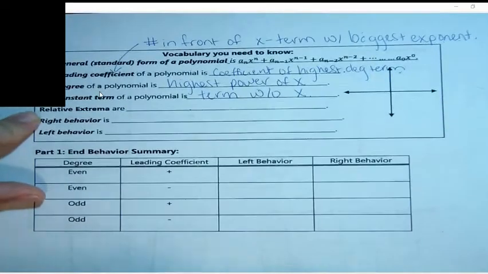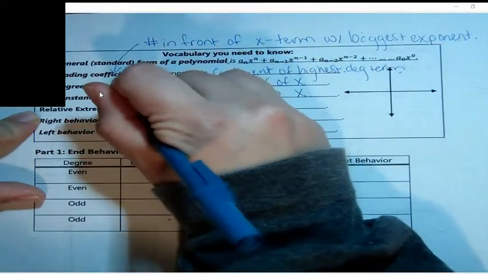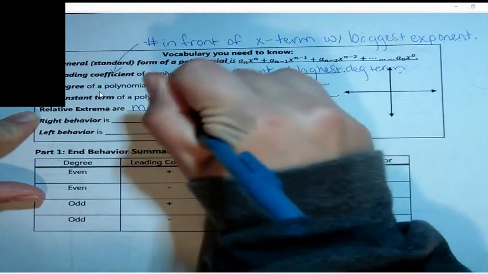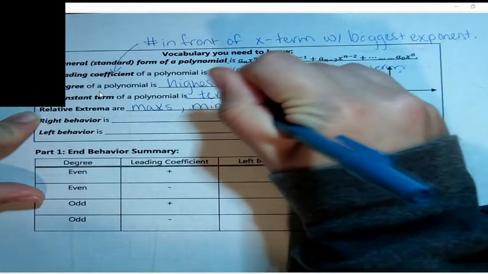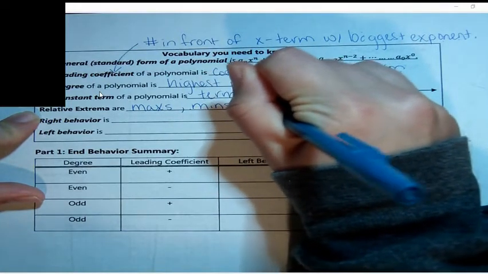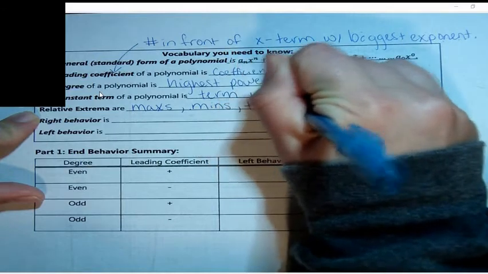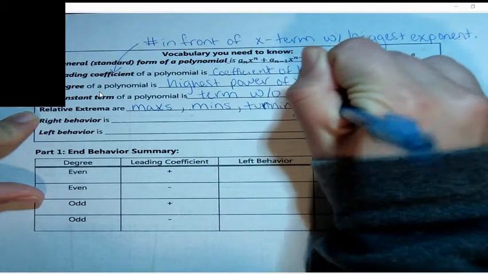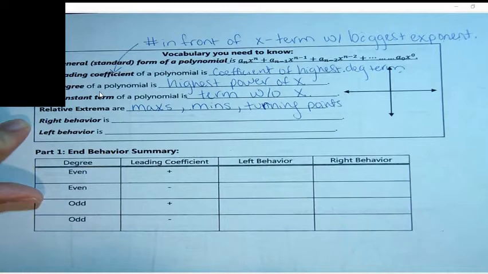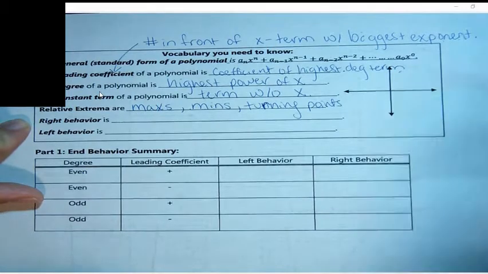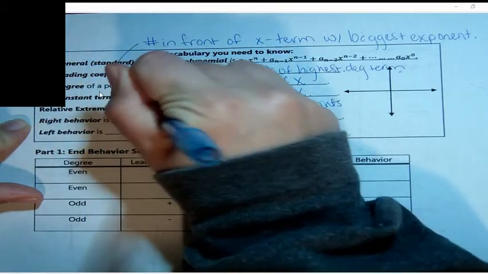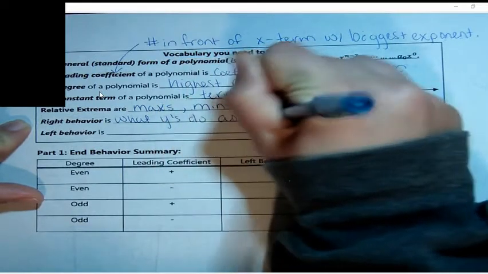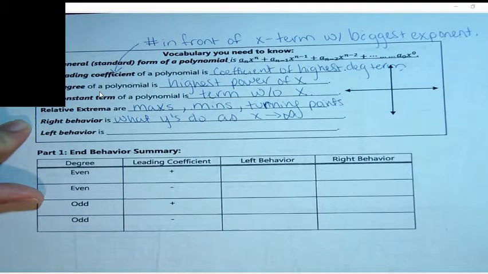Relative extrema are going to be maximums, maxes, or mins, or sometimes they're called turning points. It's supposed to be an R, sorry. Okay, so right behavior is going to be what y values do, or what y's do as x approaches positive infinity, okay?